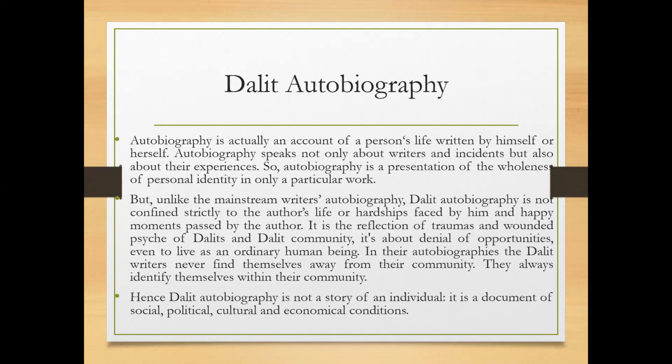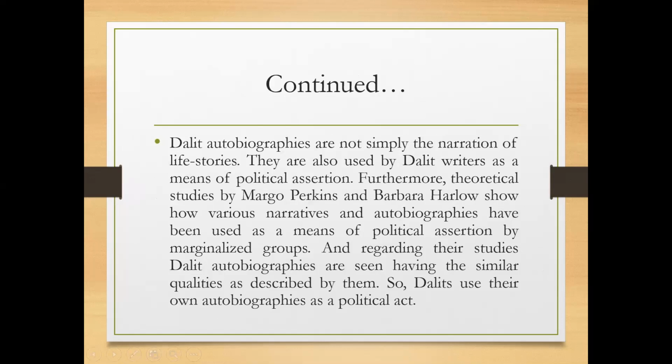It is the reflection of the traumas and wounded psyche of Dalits and the Dalit community. It is about denial of opportunities, even to live as an ordinary person. In their autobiographies, Dalit writers never find themselves away from their community. They always identify themselves within their community. Hence, Dalit autobiography is not the story of an individual. It is a document of social, political, cultural, and economic conditions.